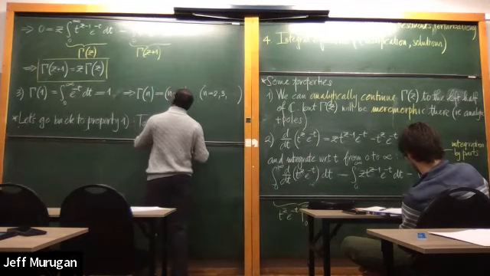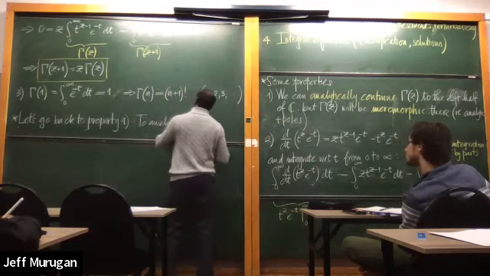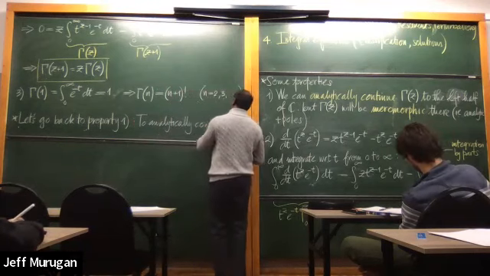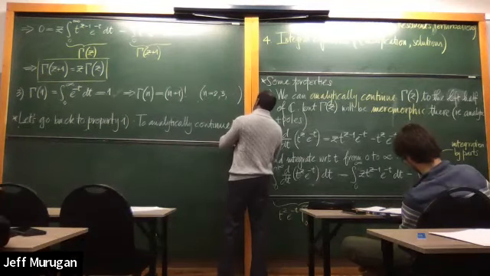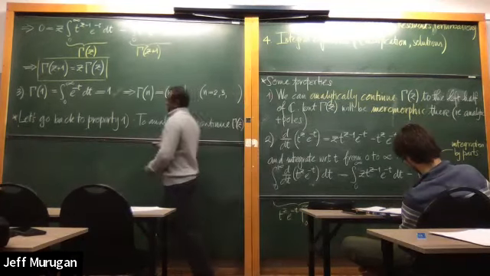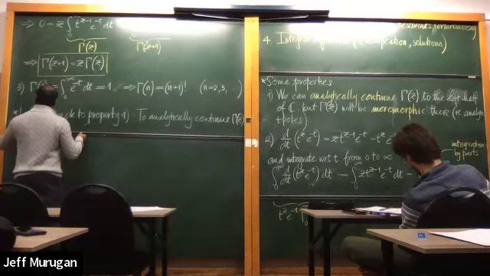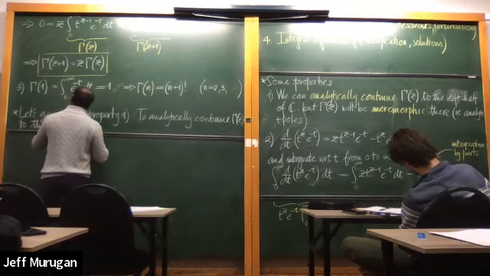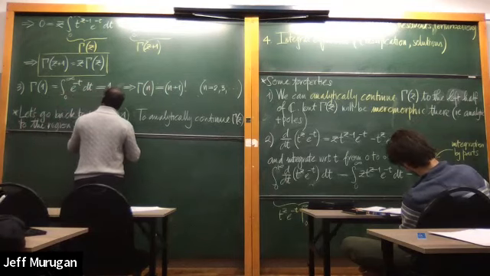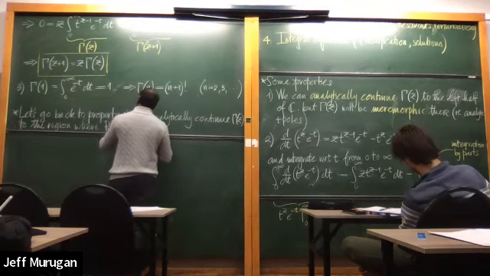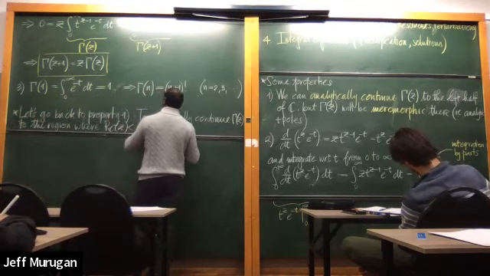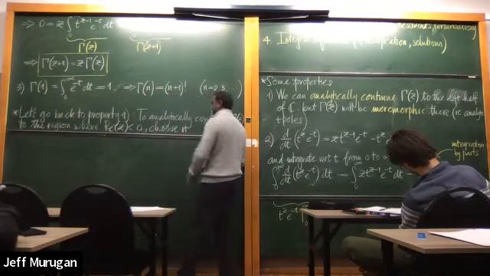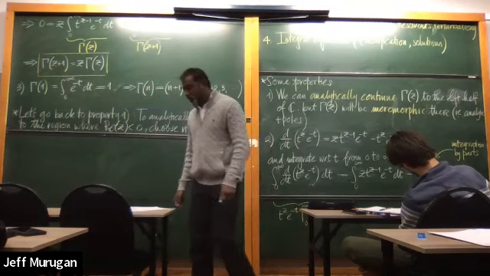So to analytically continue gamma z to the region where the real part of z is negative, I'll start off and I'll choose some number n sufficiently large.